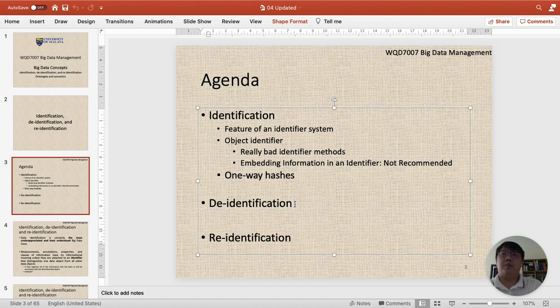You are able to remove personally identifiable information, PII in short, through this process. And then lastly, re-identification after your data is de-identified. Under what kind of circumstances should you re-identify? Why would you want to get back the original ID of that particular data row or data column?